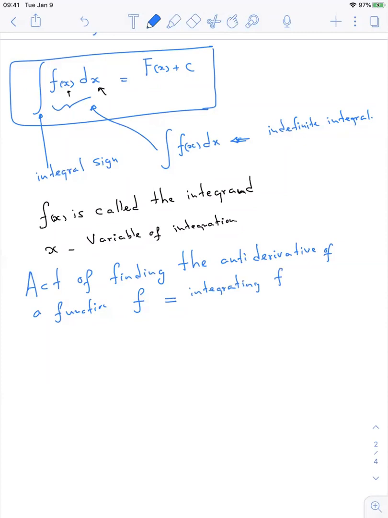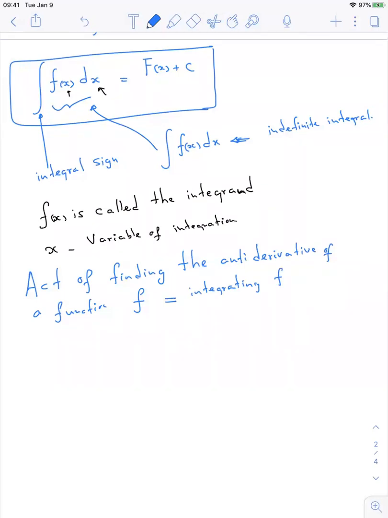So what this means is when in future I mention to integrate the function f, you are just trying to find the antiderivative of this function, right? That's all. That is the only thing that we do under the integration lesson, right?